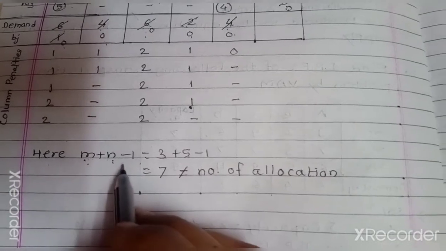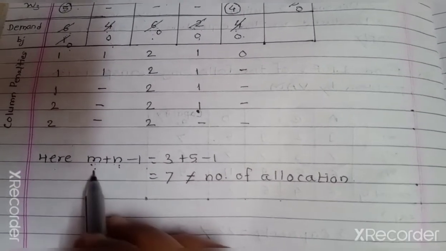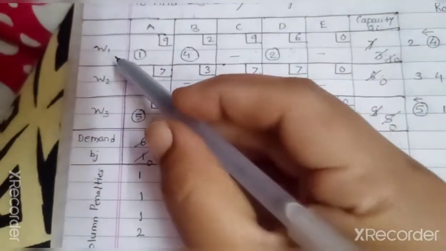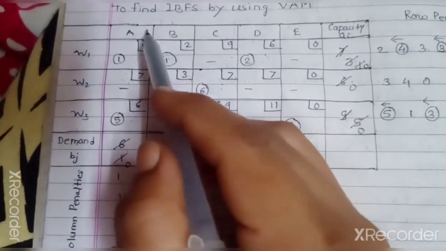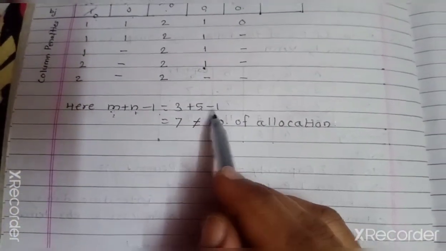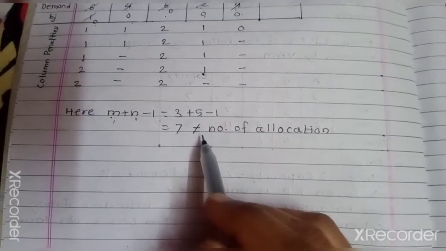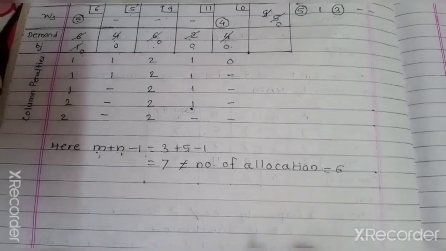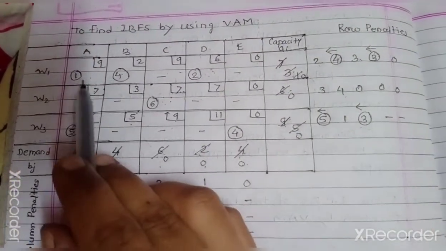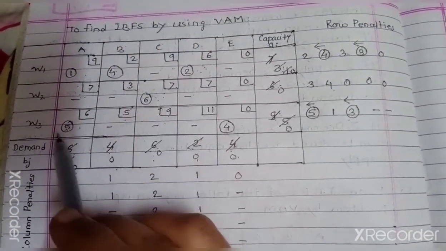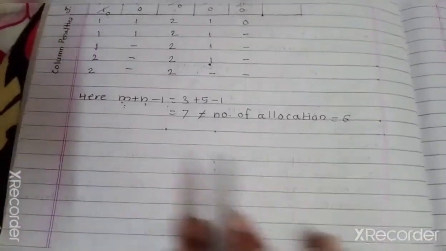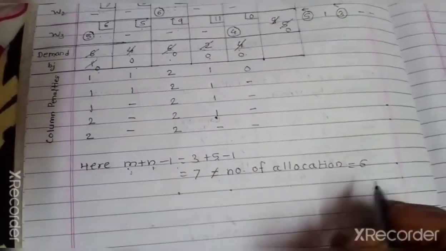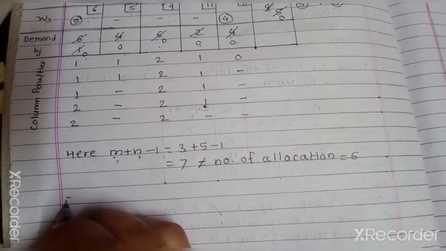Here the rows are 3 and the columns are 5. So 3 plus 5 minus 1 equals 7, which is not equal to the number of allocations. Here the allocations are 6: 1, 2, 3, 4, 5 and 6. So these are not equal.